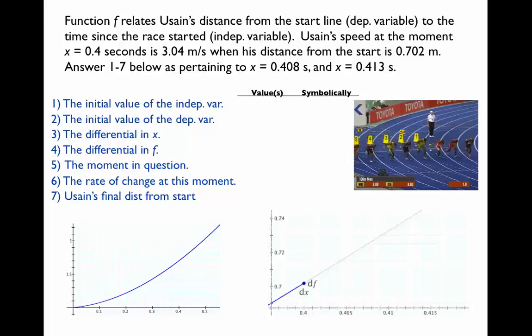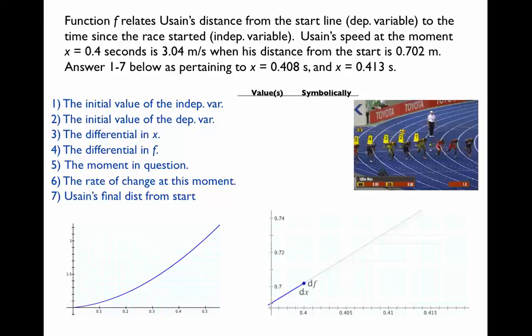Okay? We're going to do the same thing again, but now you've got different information and a different goal. The goal is Usain's final distance from start. And you're going to do it twice. Once for final x being 0.408, and once for final x 0.413.